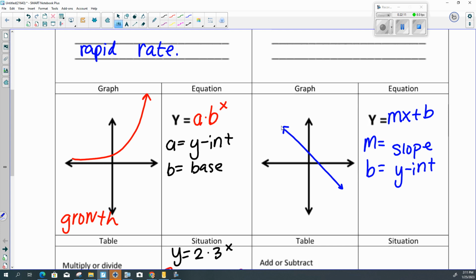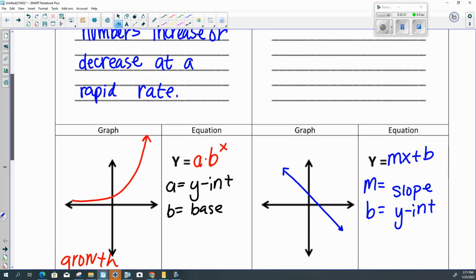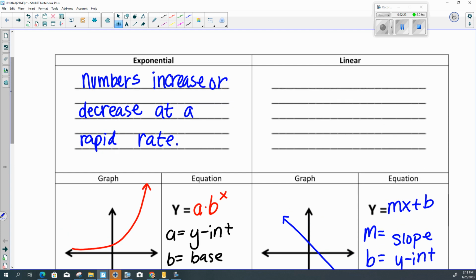So you guys said it has a consistent increase. A lot of you are showing me what it looks like. We've got a y-intercept. So what I wrote up at linear, I wrote numbers increase or decrease at a constant rate. So this one's getting so much bigger. This one's being added or subtracted.